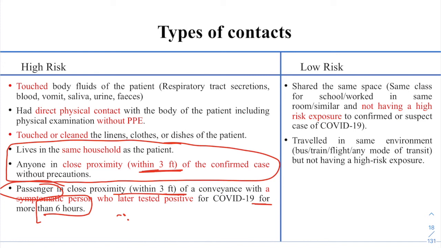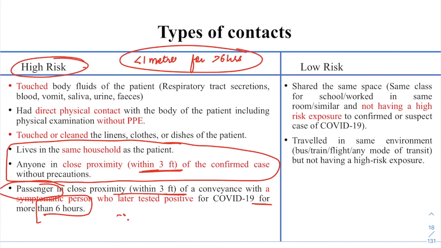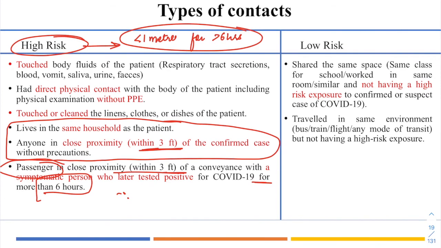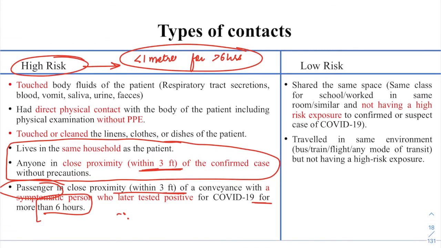So, in short, any person who is at less than 1 meter distance for more than 6 hours from a COVID-19 patient is said to be a high risk contact. Okay, so a high risk contact is any person who lives in the same household or is in close proximity at a distance less than 1 meter for more than 6 hours.